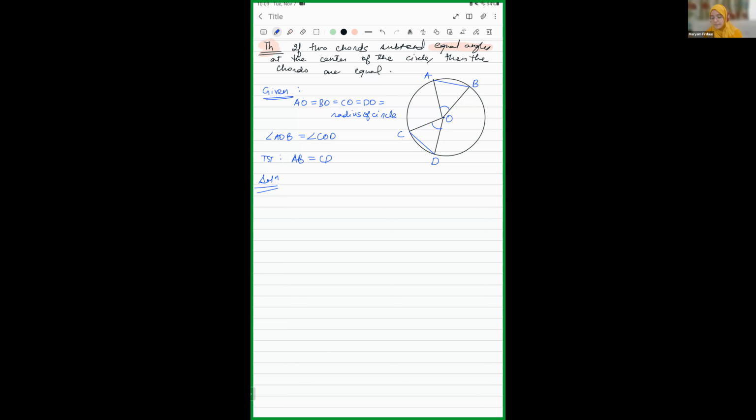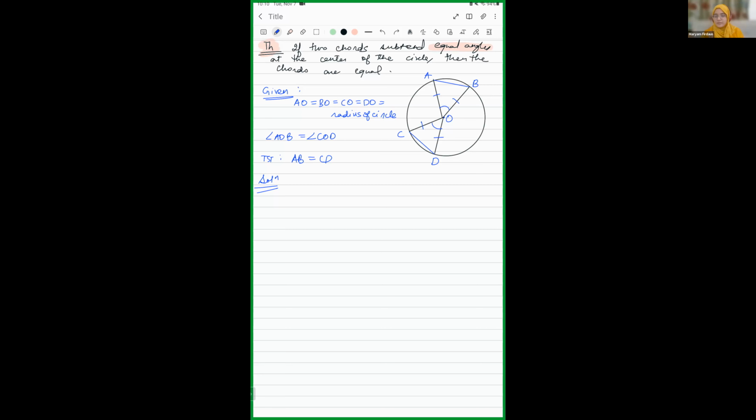Avni, you want to go? Come on, look at it. It's given. CO, DO, AO, BO are all equal. Then there is an angle in between them. You've studied this in the triangles chapter. Only the circle was not there in the triangles chapter. Come on, this is very easy, guys.